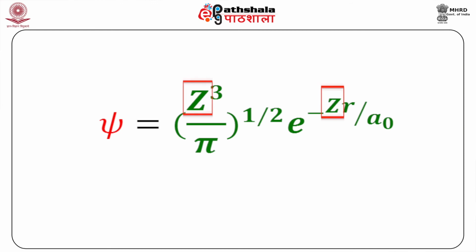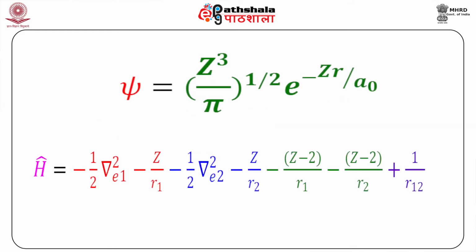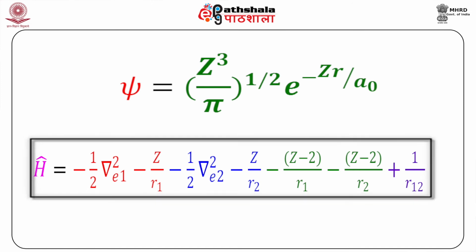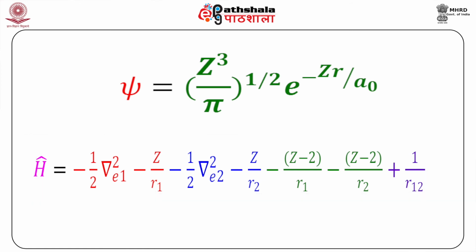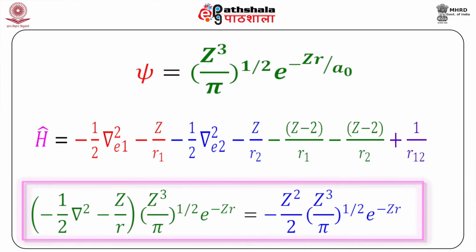With this, equation 11 gets simplified as given in equation 14, that is, the Hamiltonian for helium atom becomes minus 1 by 2 delta E1 square minus z by r1 minus 1 by 2 delta E2 square minus z by r2 minus z minus 2 by r1 minus z minus 2 by r2 plus 1 by r12, where the one electron Schrödinger equation H psi is equal to E psi can be written as in equation 15, that is, minus 1 by 2 delta square minus z by r into the one electron wave function, that is under root z cube by pi into e to the power minus zr, is equal to minus z square by 2 into under root z cube by pi into e to the power minus zr.